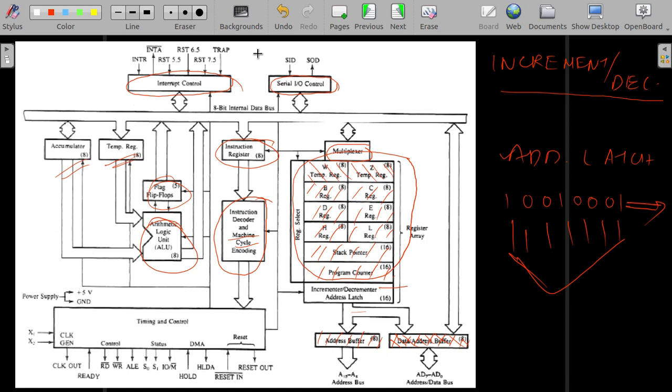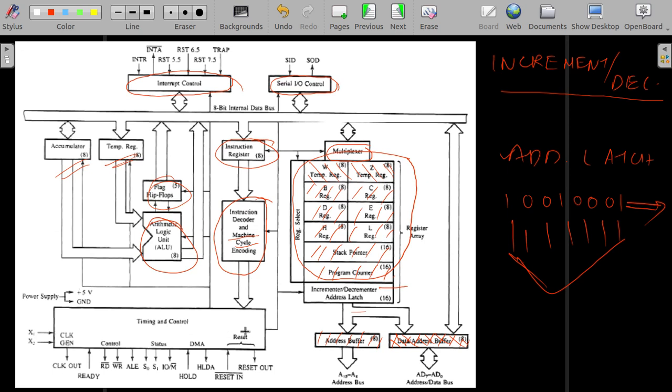All these interrupts, serial in, serial out, this address AD7 to AD0, A15 to A8, all these things are pins. So these pins are given to the relevant parts. Whichever is remaining is given to here. We will study all of these pins one by one in our later lectures, and then we will go through their functions one by one.